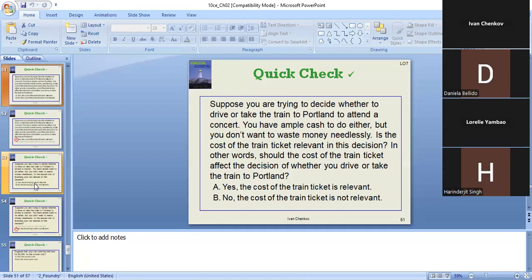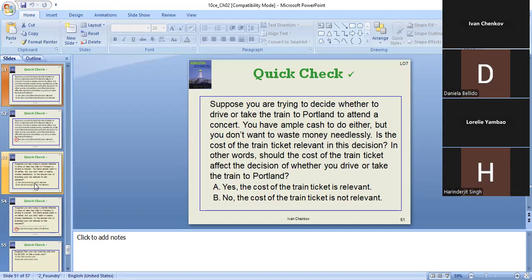How far is Portland? It's about 3,000 kilometers from here. So I will look for the train because it's less expensive than driving. No, we don't know the cost of the train ticket. We don't know the cost of the driving.